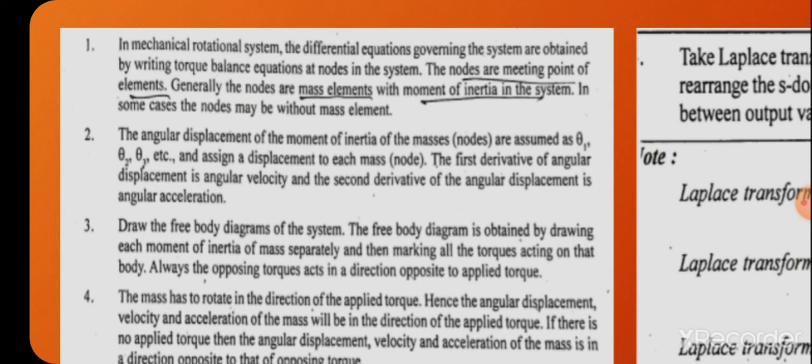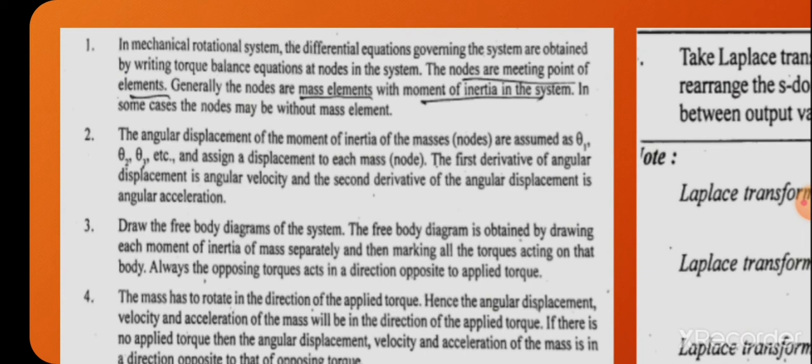The nodes are meeting points of the elements. Generally, the nodes are mass elements with the moment of inertia in the system. In some cases, the nodes may be without mass element.